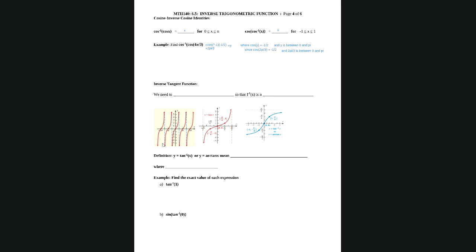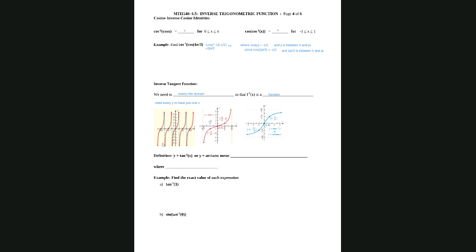So that means that we're going to restrict the domain so that f inverse is a function. And the way that's been done is by restricting the domain to be between -pi/2 and +pi/2. So we're looking at just one single part of the tangent function, and then the blue graph is the graph of the inverse tangent function.